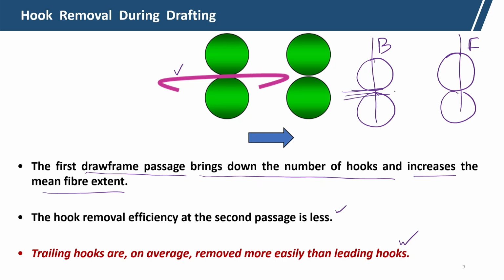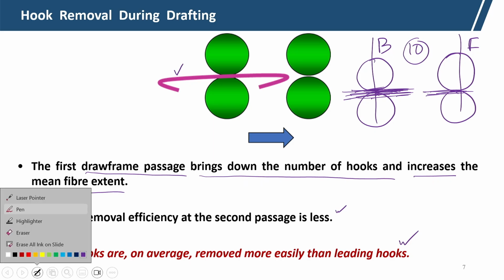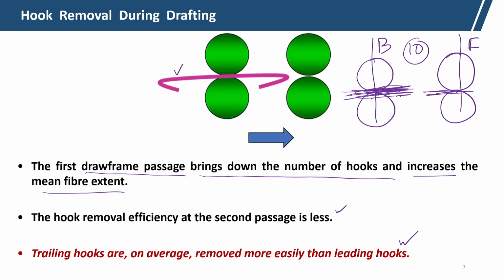Now, here the fibers are there and here the fibers will be. So, if the draft is say 10, 10 draft, the number of fibers here, if it is 100.